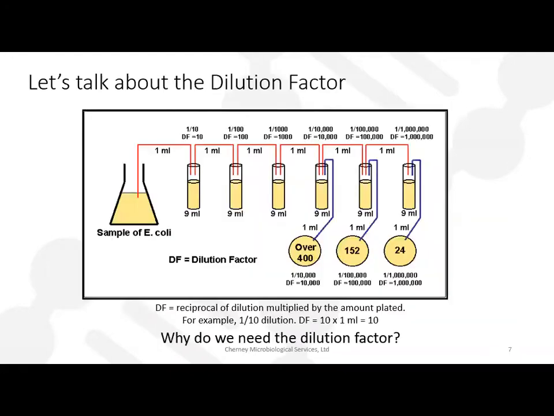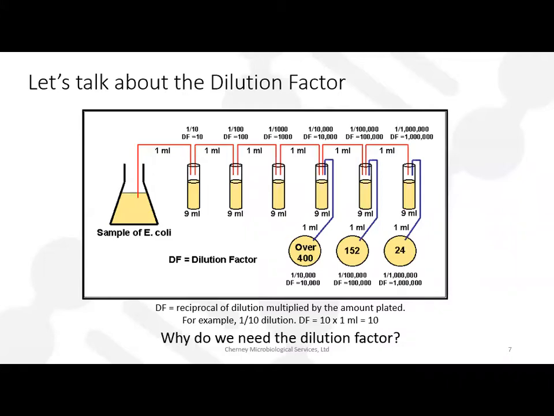So let's talk a little bit more about dilution factors. If you start with a sample of E. coli, you're going to make that initial 1 to 10 dilution. You'll take 1 mil, put it into 9 mils. You've got a 1 to 10, and so on and so forth. Your dilution factor is going to change based on the amount that you take out of that dilution and plate.